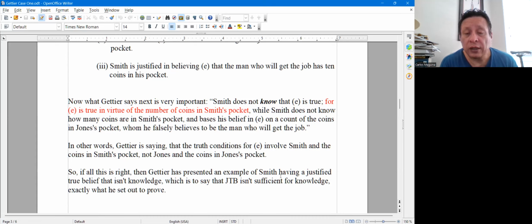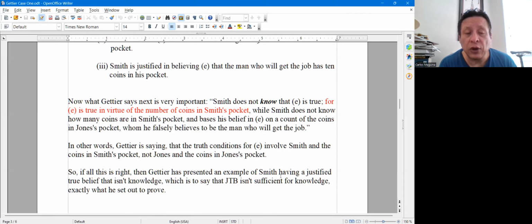The reason why Gettier says that Smith does not know, that he doesn't have knowledge, is because the proposition, the man who will get the job has 10 coins in his pocket, is true in virtue of the number of coins in Smith's pocket.